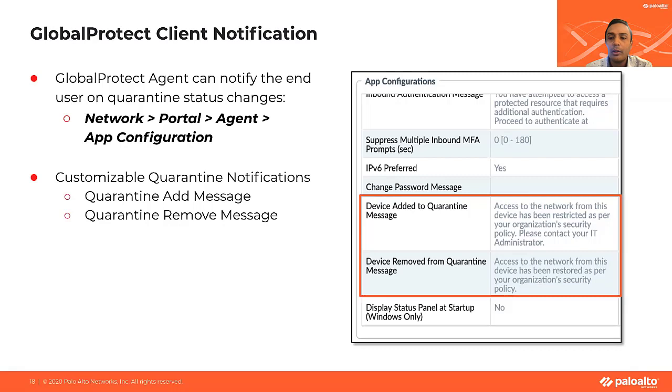So by default, there are default messages available, which will be notified to the end user when the endpoint is either added to the quarantine list or removed from the quarantine list. But both of these messages are customizable. So you can define your own messages which you want to notify to the endpoint and the user when the device is added to the quarantine list or if it is removed from the quarantine list.